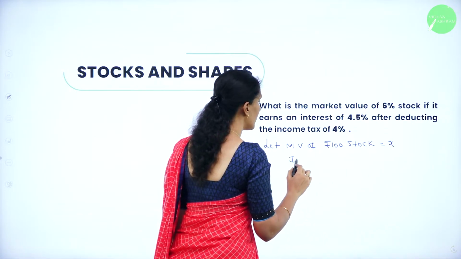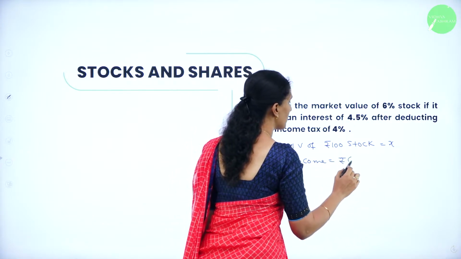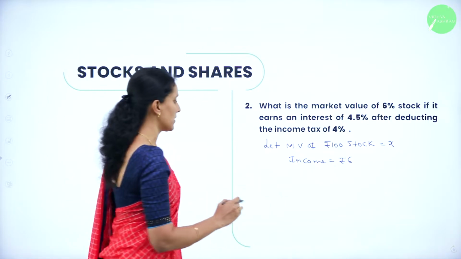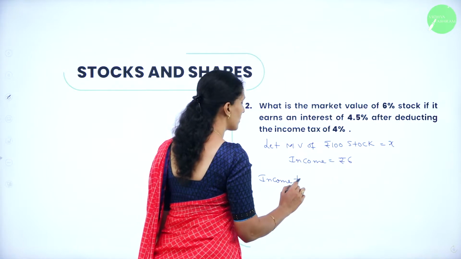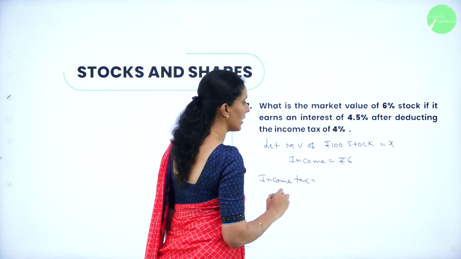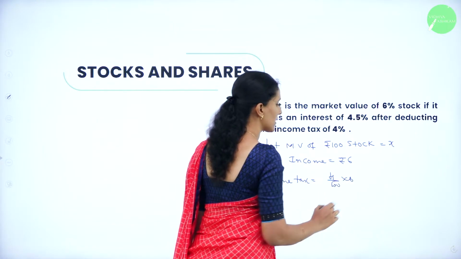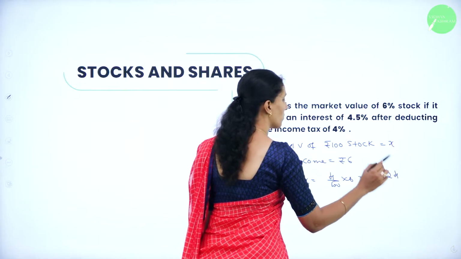So if you take rupees 100, then income will be rupees 6. Now there is a deduction of income tax of 4%. So therefore let's calculate tax. Income tax is 4% of the income. So therefore it is 4 by 100 into 6. So that is equal to rupees 0.24.